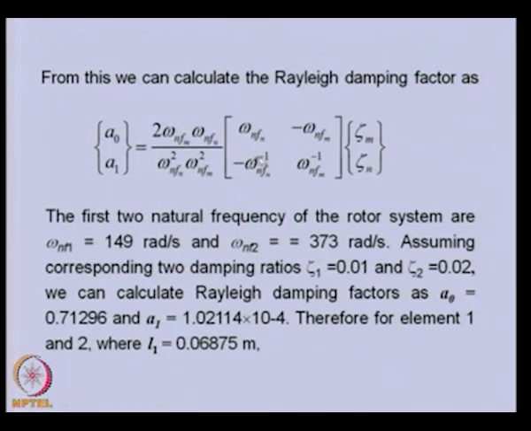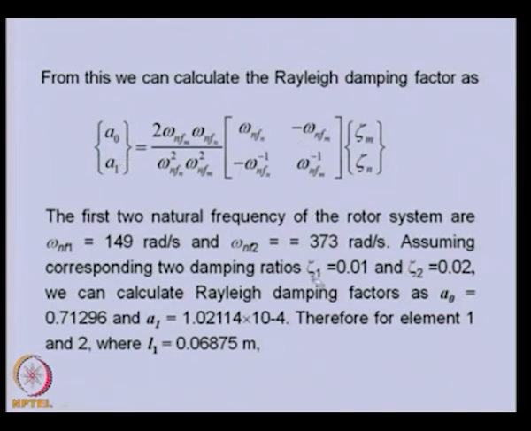Using this, in this particular case, for free vibration, we found the natural frequencies of the system to be 149 and 373 radians per second. Because we are trying to balance this particular rotor for two critical speeds, we will calculate the factors corresponding to those particular modes.